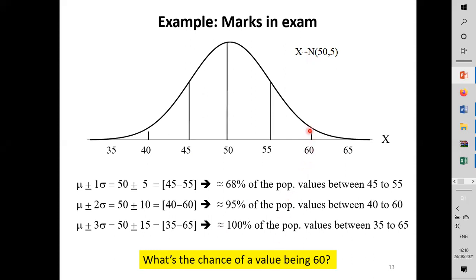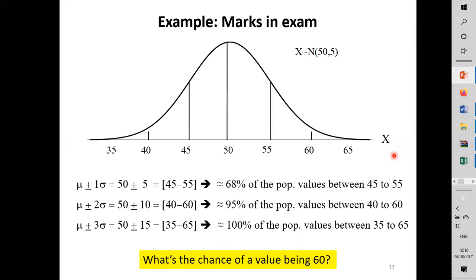Is it inside the curve? Yes. What are the chances of a student getting 80? Super low. Somewhere here, right? Almost, I'm not telling you nil, almost nil.